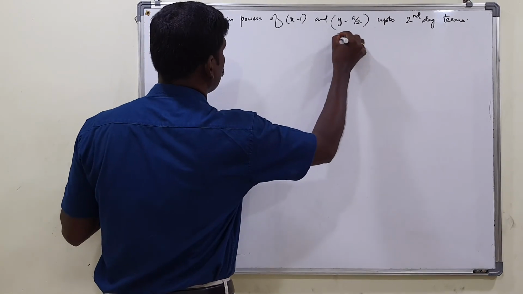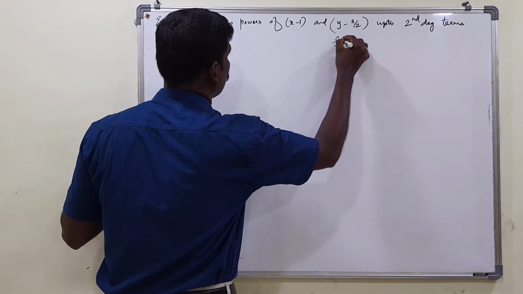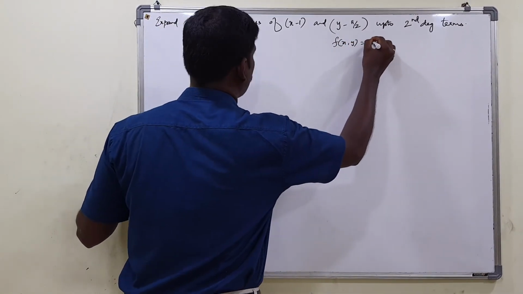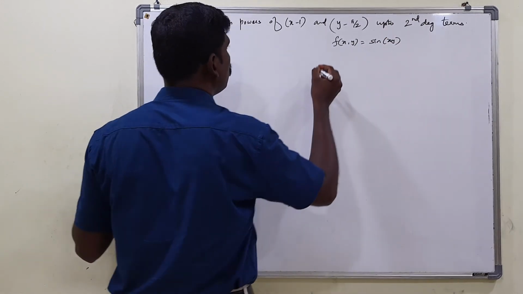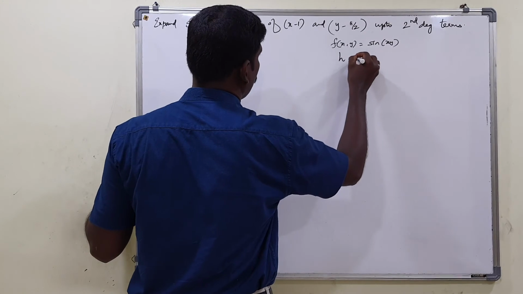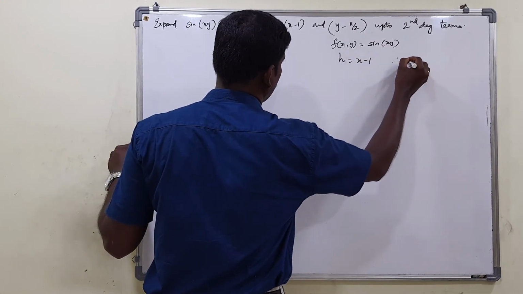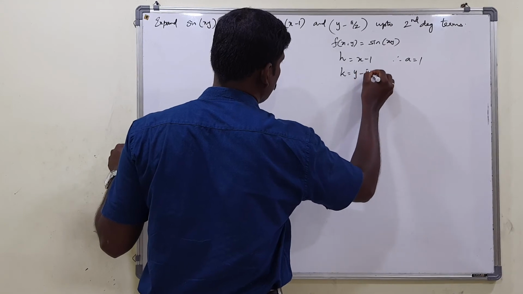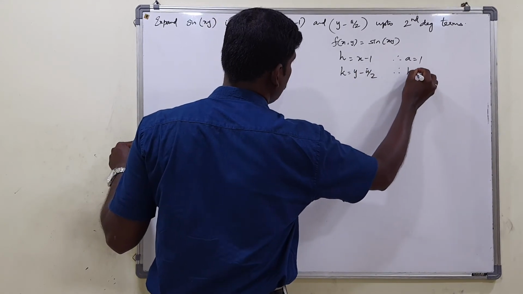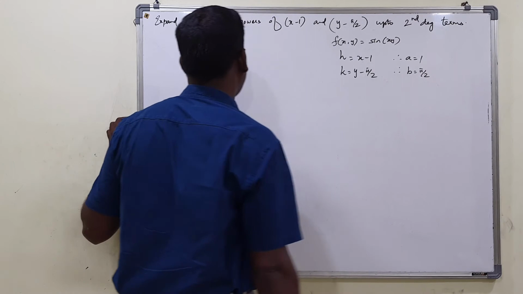Right. So what is f? f of x comma y is equal to sine of xy, isn't it? Right. h is equal to x minus 1, therefore a is equal to 1. k is equal to y minus pi by 2, therefore b is equal to pi by 2.